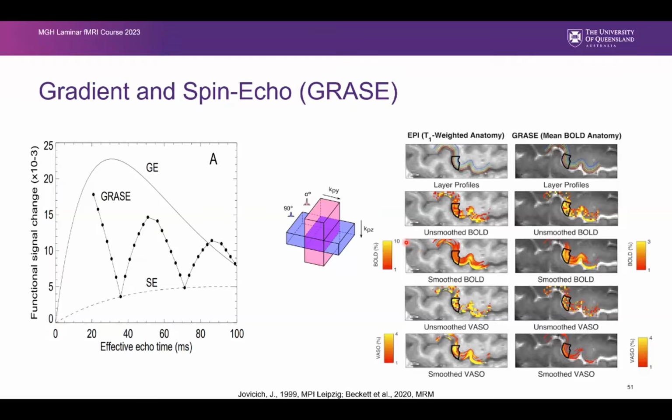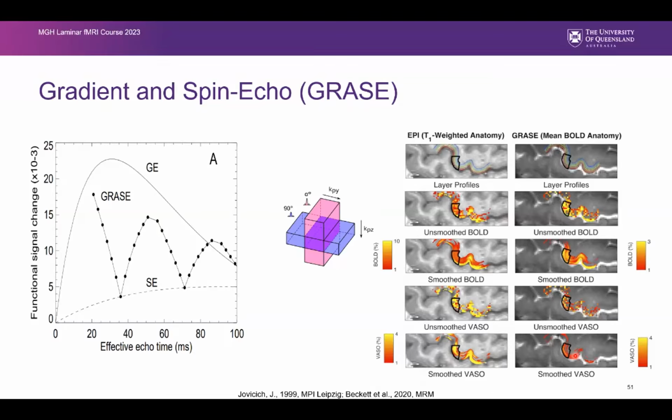But it has a couple of advantages. So here you can see the smoothed BOLD profile. This is M1 again. And if you look at the GRASE profile, you can see that you again get this double peak, these two bright lines. Or you can do RASE, where you get a similar profile, and you could even combine RASE and GRASE.